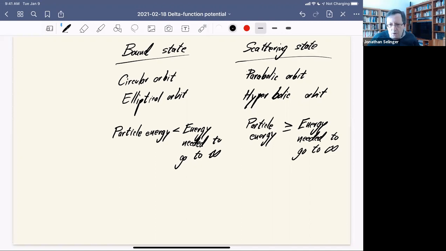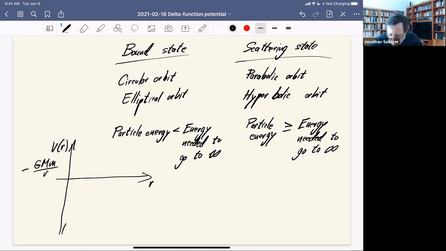Okay. So when we're thinking about a particle moving in gravity, we know that there is gravitational potential energy. So there's some potential energy V of R as a function of R, which is negative G M over R. And so this is a potential energy that looks like that.